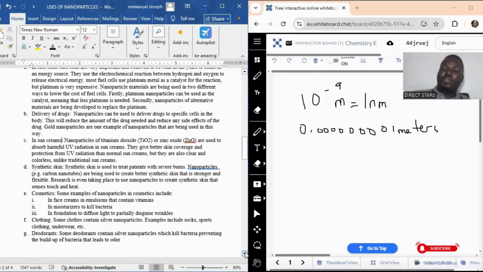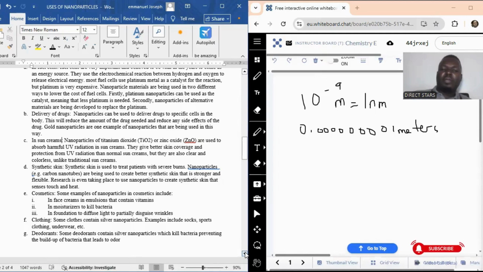In fact, in terms of clothing too, some clothes contain what they call silver nanoparticles, which help especially in sportswear, socks, things that can stretch. We use that, and then deodorant. Silver nanoparticles can also be used for deodorant.